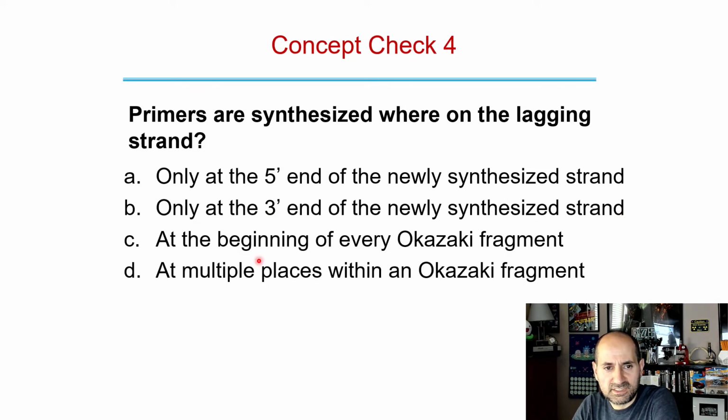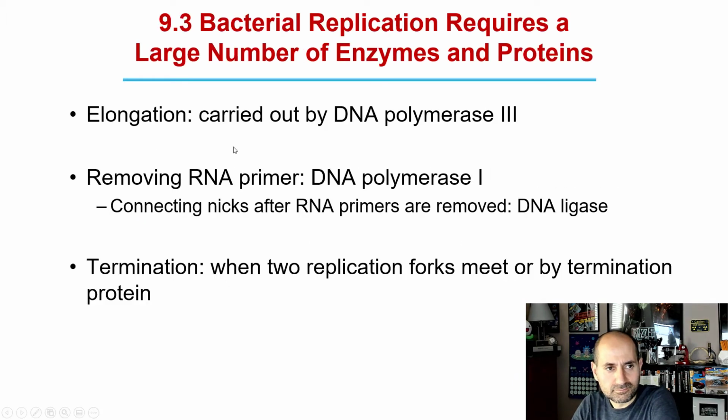At the beginning of every Okazaki fragment? Yeah, that makes the most sense. At multiple places within an Okazaki fragment? No, I think it's C. At the beginning of every Okazaki fragment, you need a primer. Otherwise, you can't copy the DNA. You need to build off of that primer.